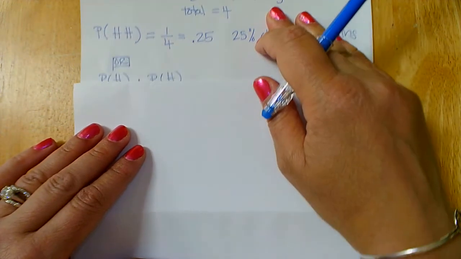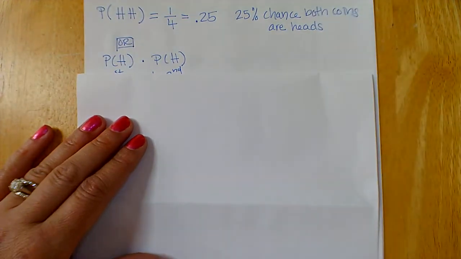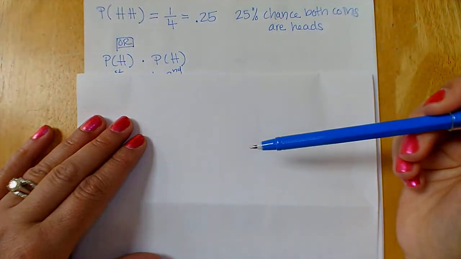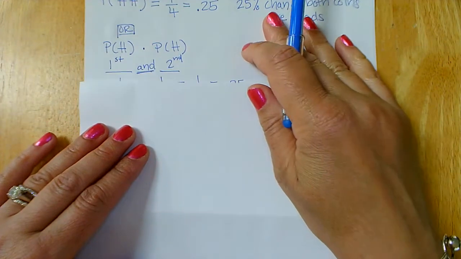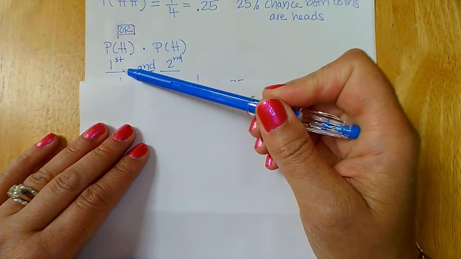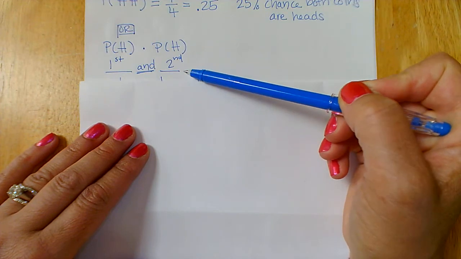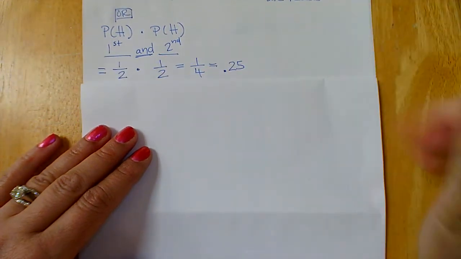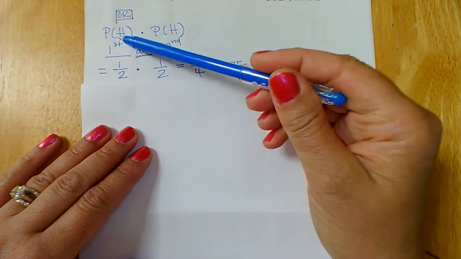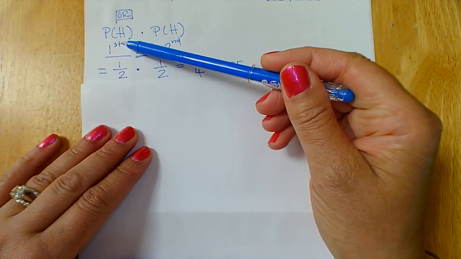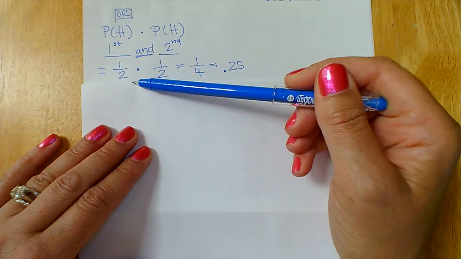Okay. We could have also figured that out a little bit differently. We could have said the probability of heads on the first and the probability of heads on the second. So what we would do here is multiply. Well, we know probability of heads when we investigated one coin is 1/2.